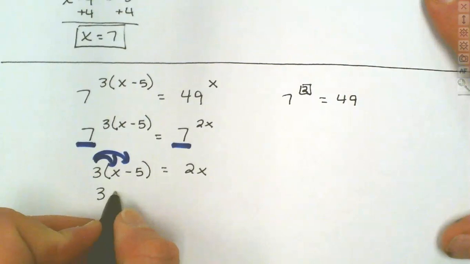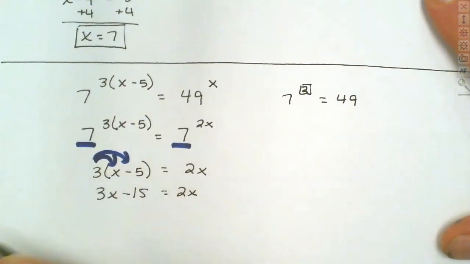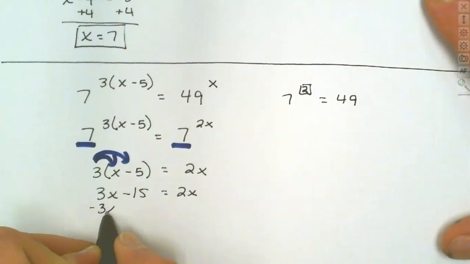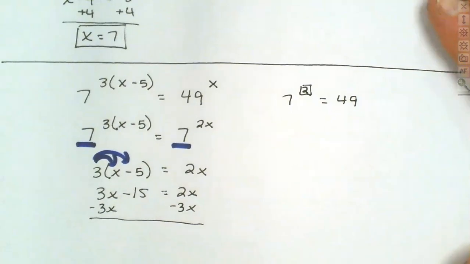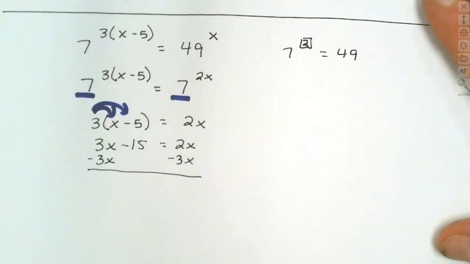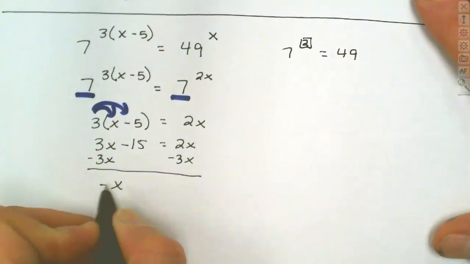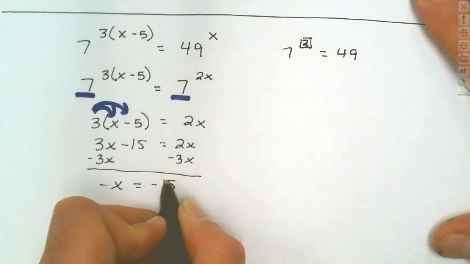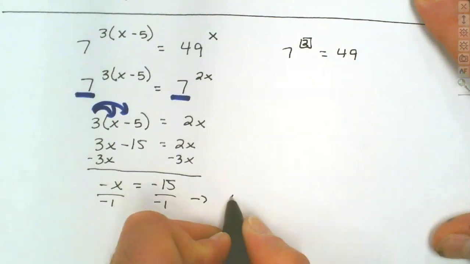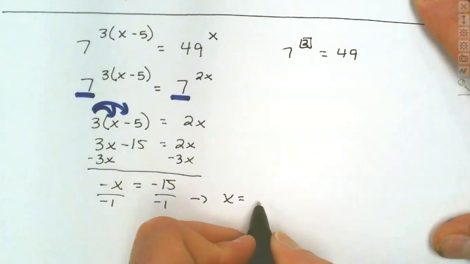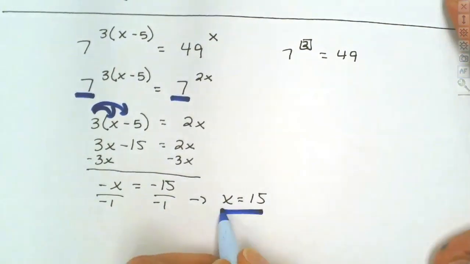So we've got 3x minus 15 equals 2x. We'll move that 3x over. Shouldn't have any trouble solving these once we've got the bases the same. So that leaves us then with a minus x equals a minus 15. Divide by your negative 1, and that gives us then x equals now what? X equals now 15.